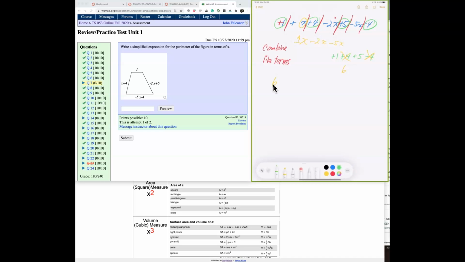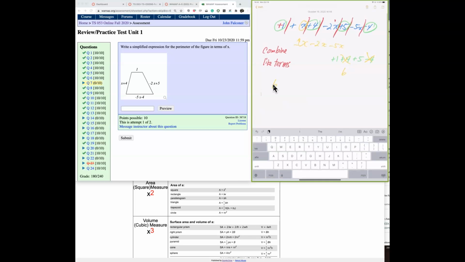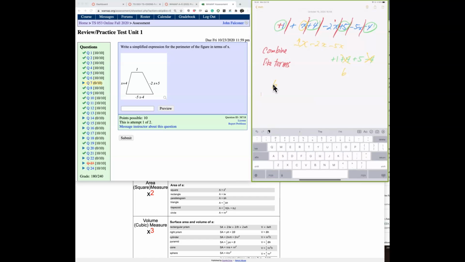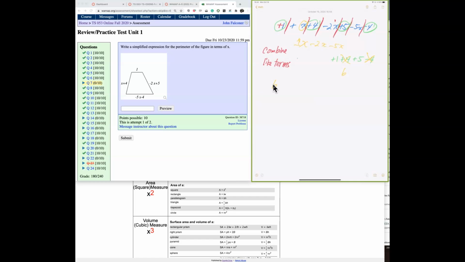So 1 minus 2 is negative 1. And then minus 5 more. So x minus 2x minus 5x. x minus 2x is negative x. And then minus 5x is negative 6x.